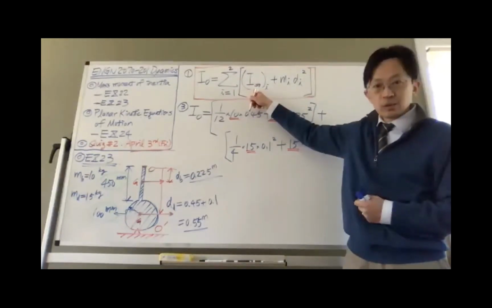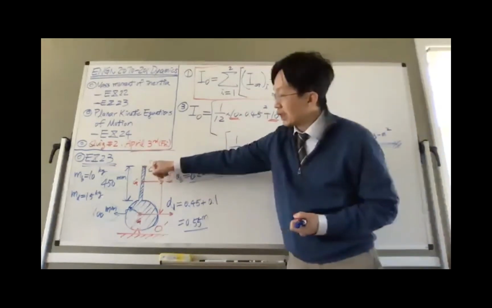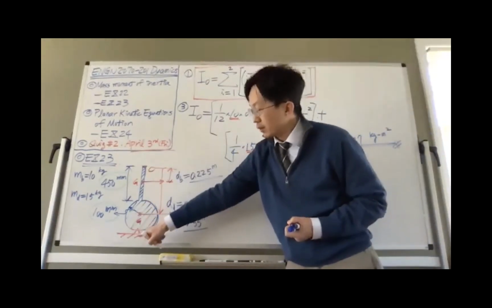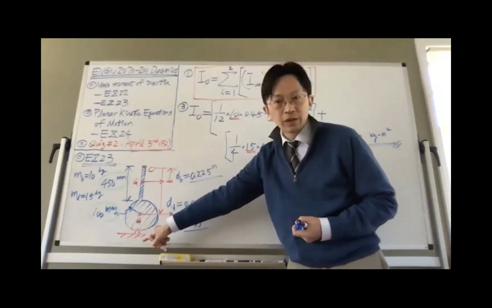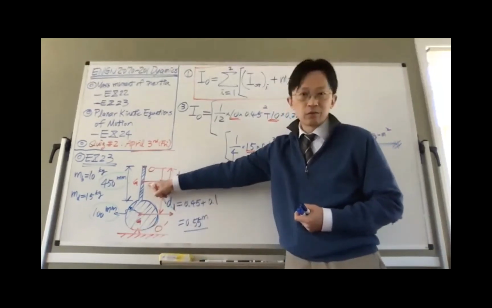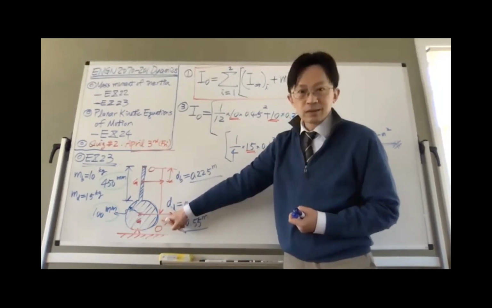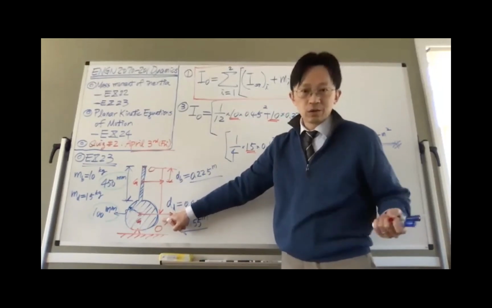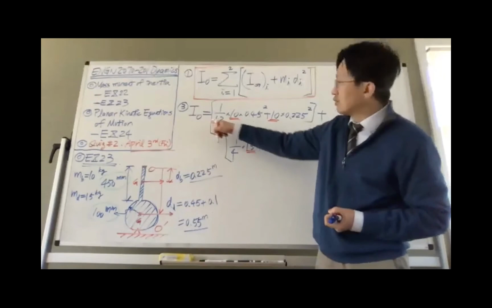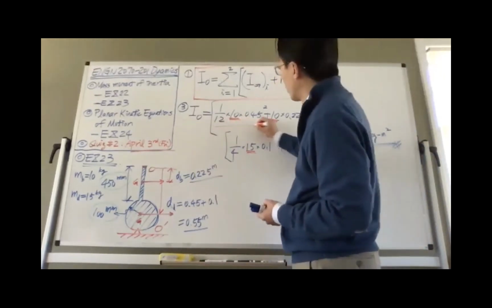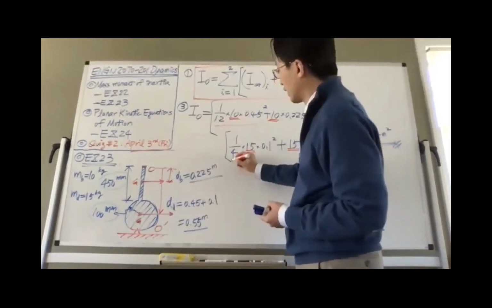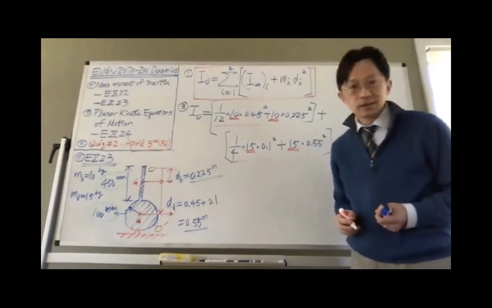It will never change, no matter whether you consider rotation at this point or at that point. The center of gravity for the bar is always at the center of its geometry, and the center of mass for this disk is always at the center of its own geometry, which means the Ig value, the first term that you calculated before, is always this value. Correct?